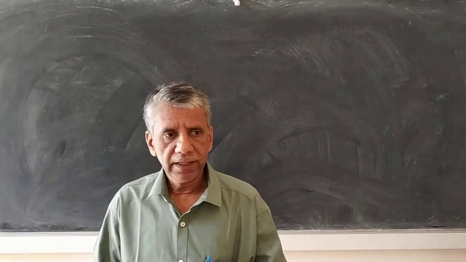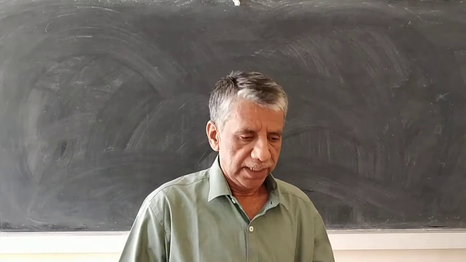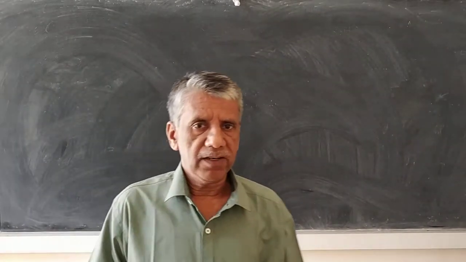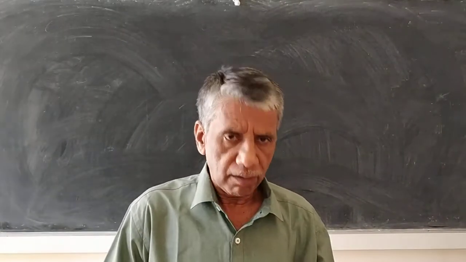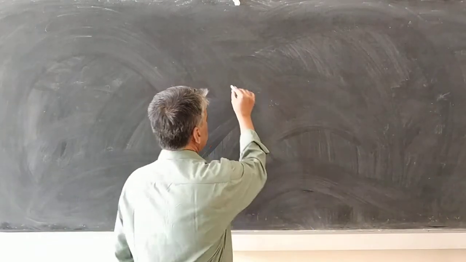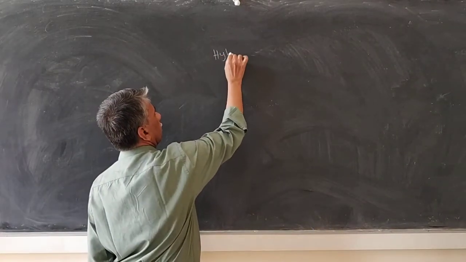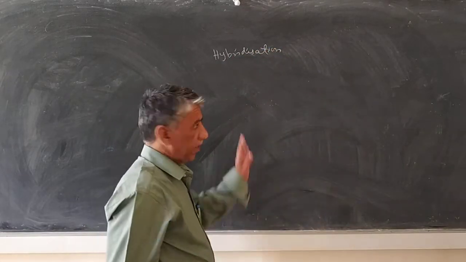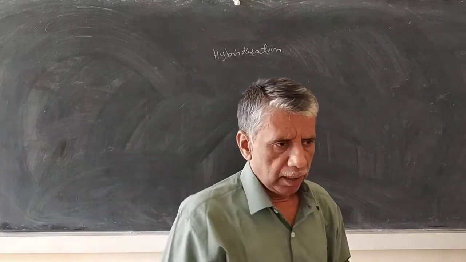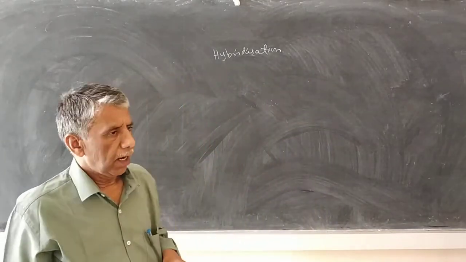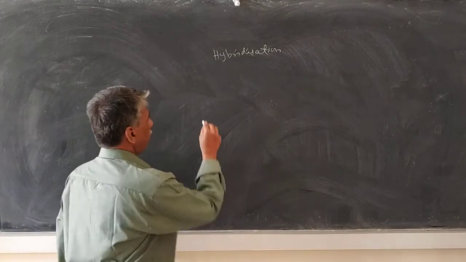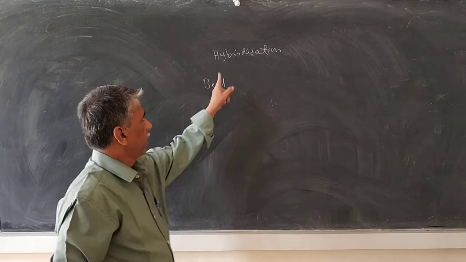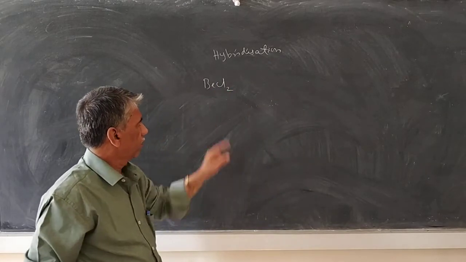I have started the chemical bonding in the last class, and I stopped at the hybridization concepts. At this point, I stopped in the last class, and I have taken the example of beryllium chloride and explained the hybridization in this molecule.